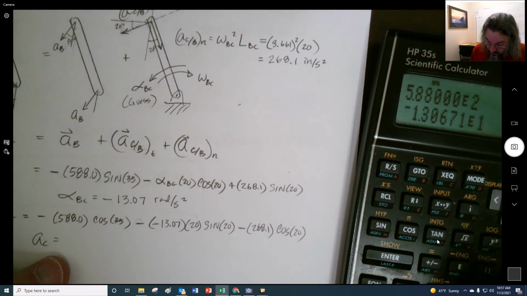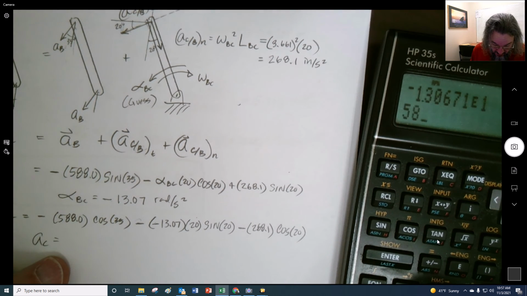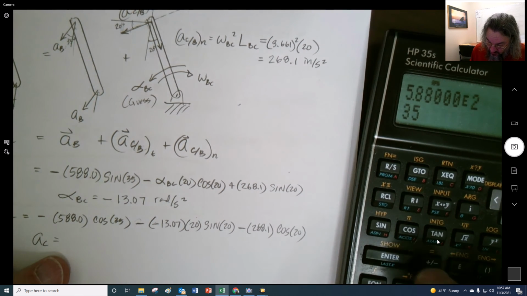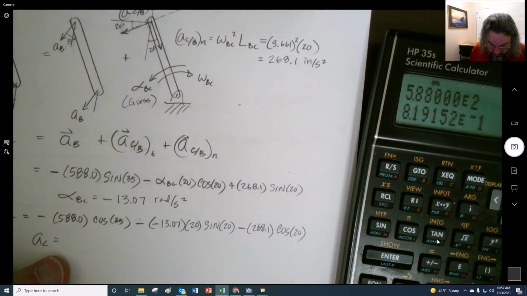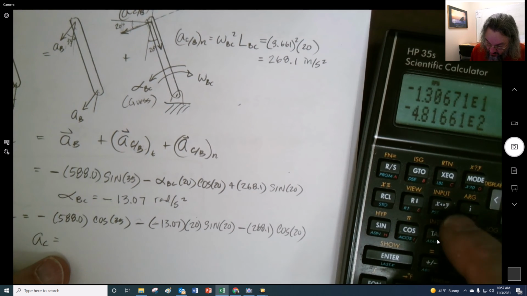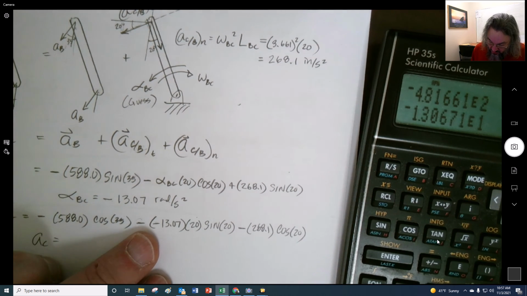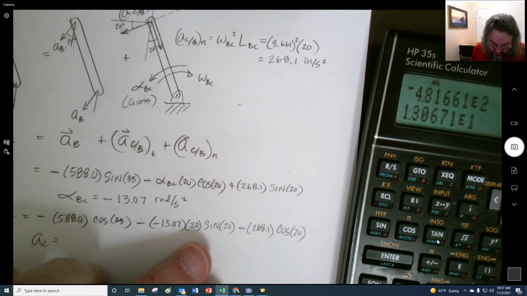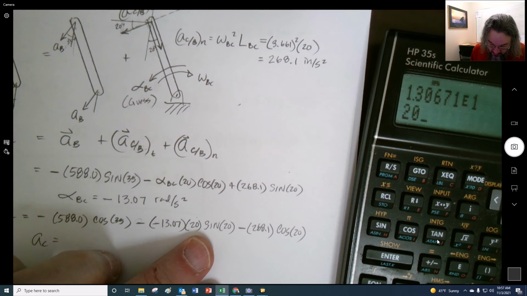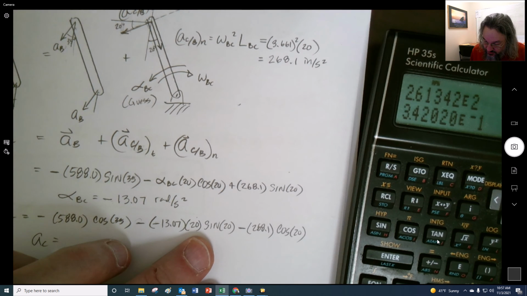And if I do all of that, I get my 588 and 35, go to the cosine of that times, and make that negative. And then I'm going to take my 13.07, multiply it by 20, multiply it by the sine of 20, and I'm going to add it.